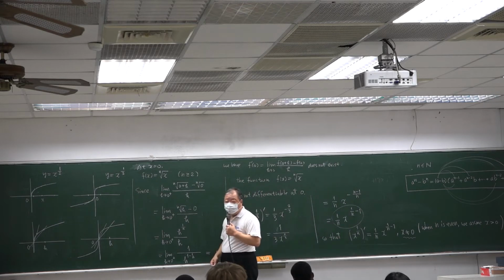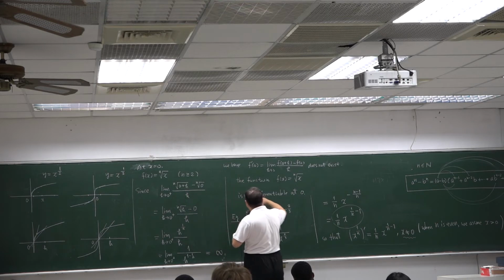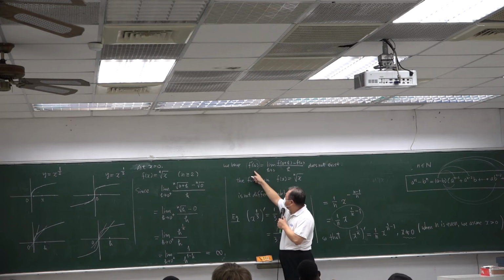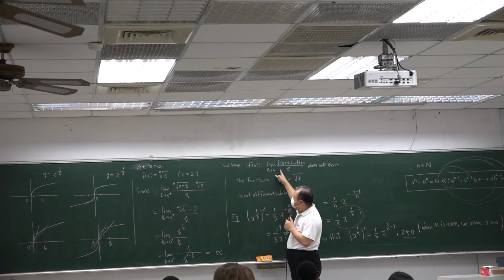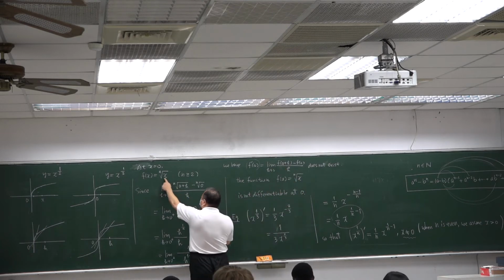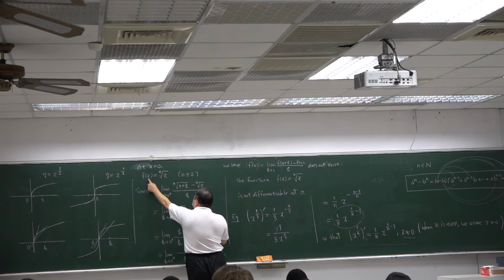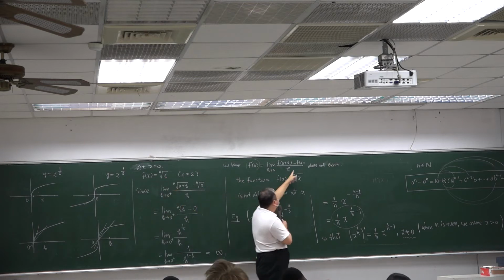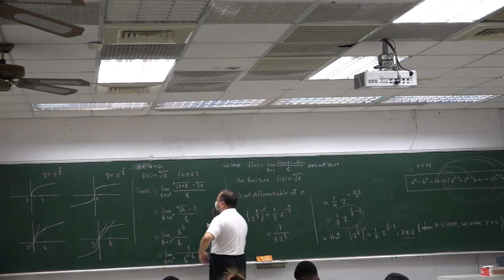Because we want to find this. By definition, the derivative of this function at 0 is this one. And f of 0 plus h is exactly 0 plus h. F of 0 means 0.